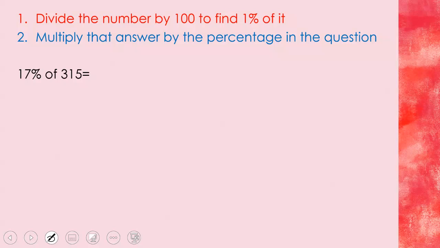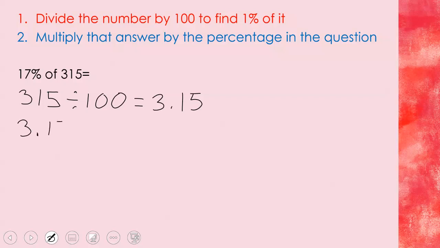For example, I might get a question that looks like this. Following the step by step, I would do 315 divided by 100 is 3.15. Then I'm doing 3.15 multiplied by 17.